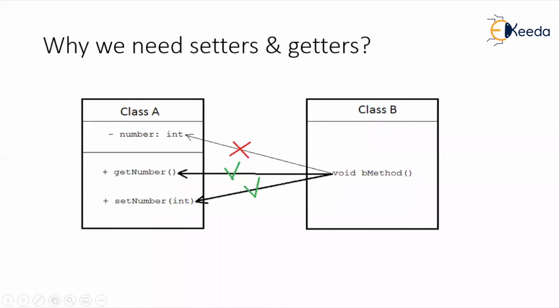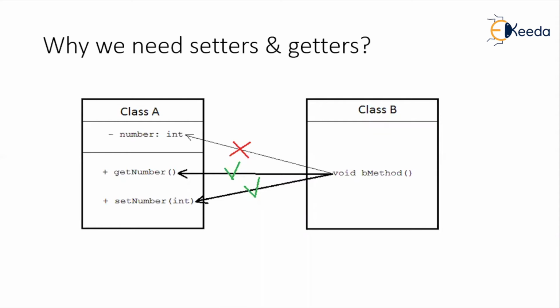So this is what we have over here. There are two classes, class A and class B. Class A has a certain variable. Class B wants to utilize that variable. However, class B will never be able to access that data member directly.